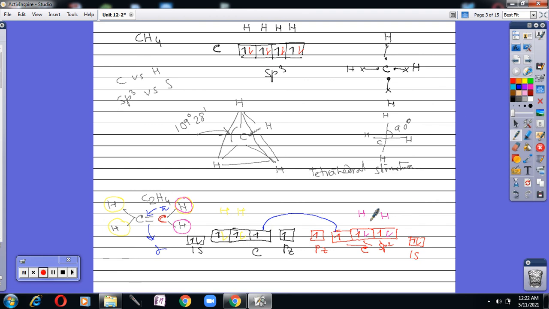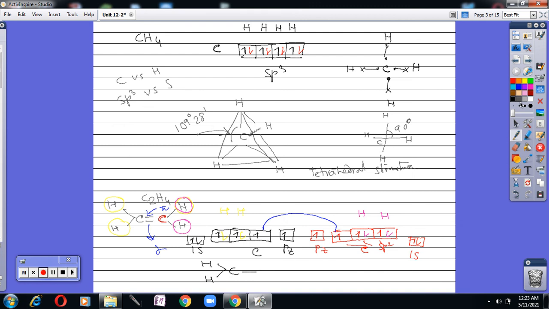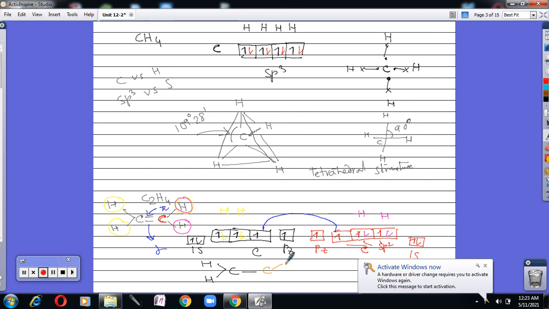So the picture becomes this one, that is C single bond H H, red color, H H, right? All are sigma bonds.